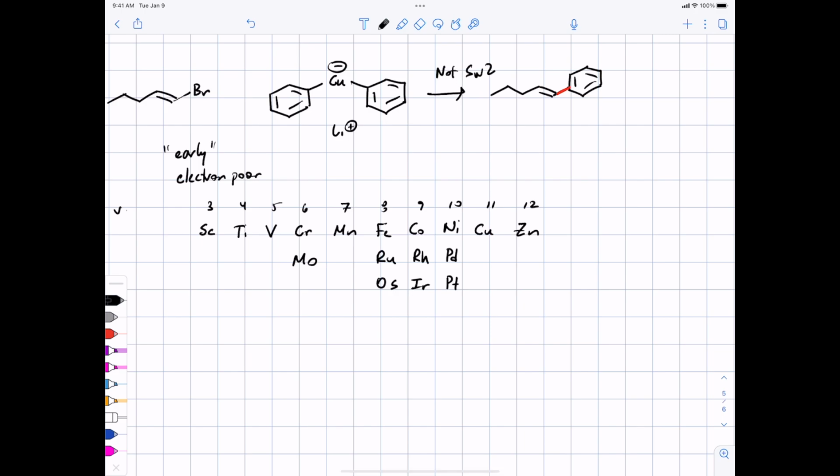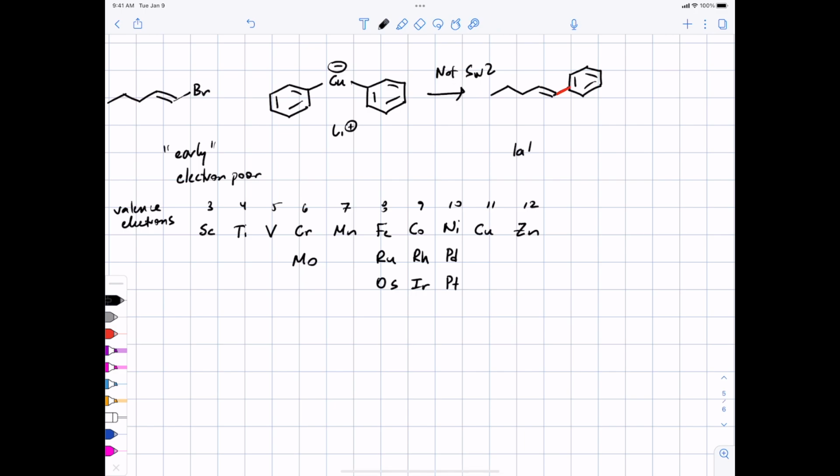Listed here is the number of valence electrons each one comes with. You're not used to thinking about valence electrons for transition metals, or at least I'm not, because we've stuck mostly with carbon, nitrogen, and oxygen. But that's sort of how you determine how many valence electrons each of these have.